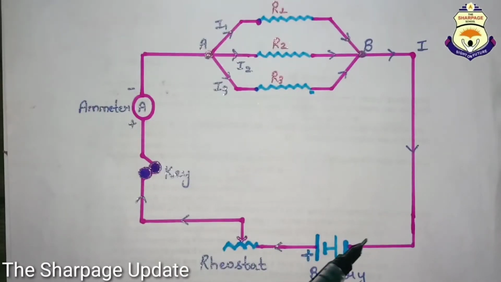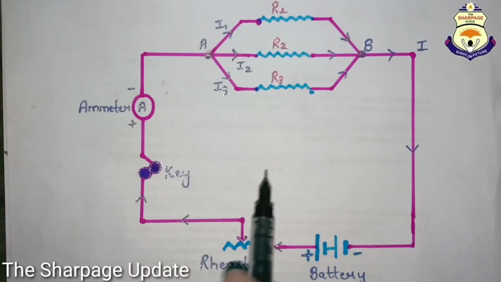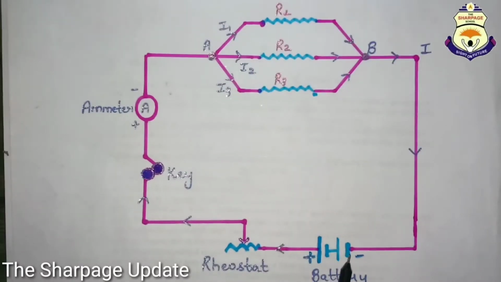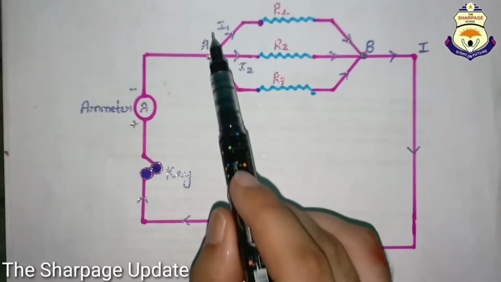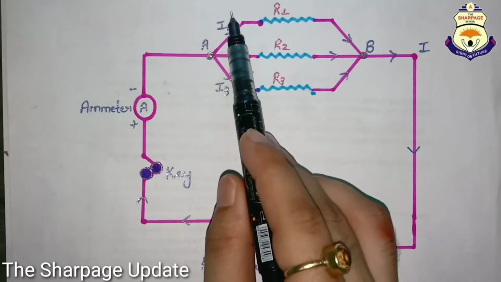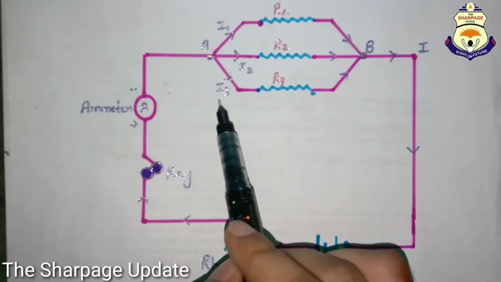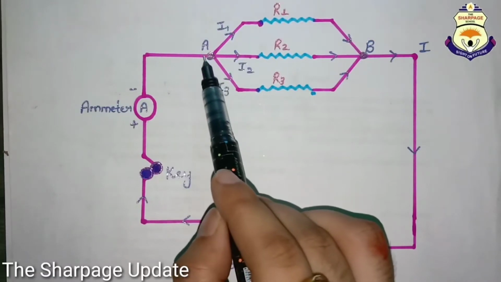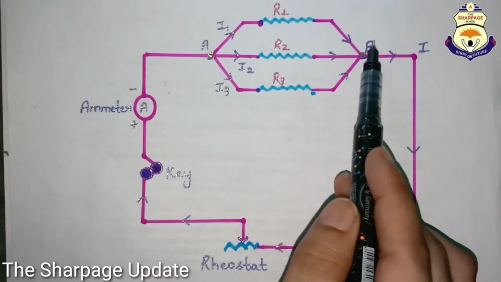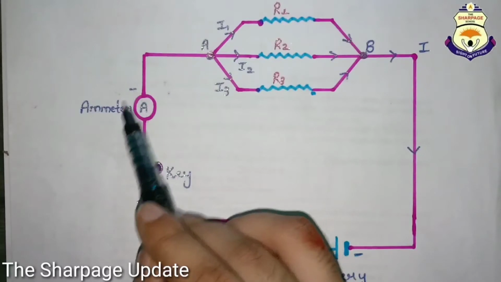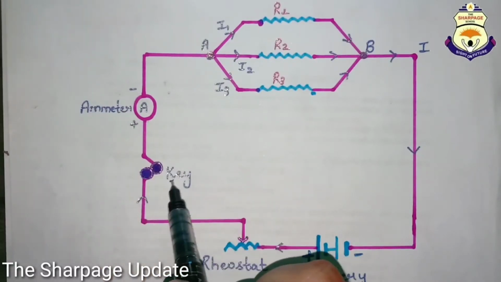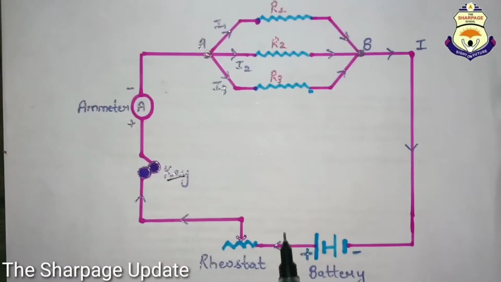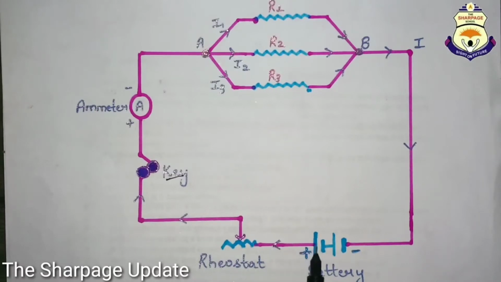Dear students, in parallel combination of resistances, all the resistances have the same potential difference across their ends. In this diagram, the two common points are named A and B, and the three resistances are connected to an ammeter A, a key, a rheostat and a battery.